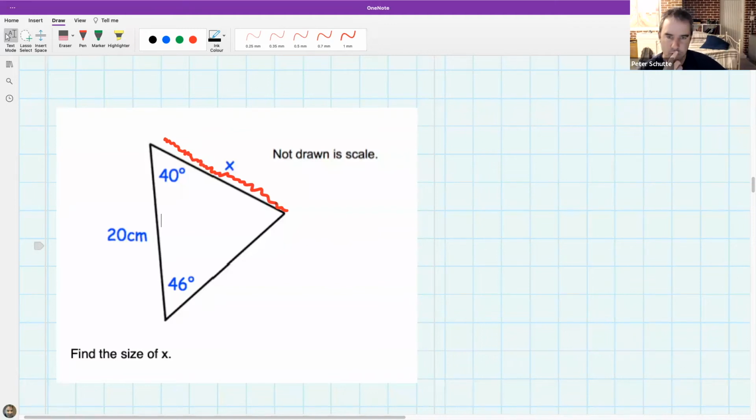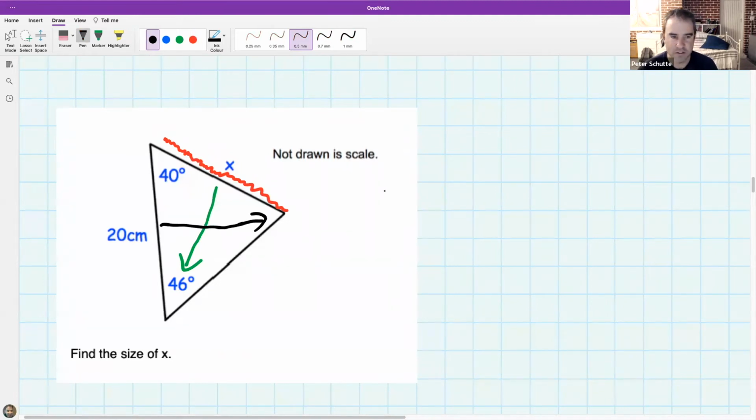So where would we start? Okay, one of the main things that I'm getting stuck on is I get that X is partnered with 46, but there's no partner for 20.